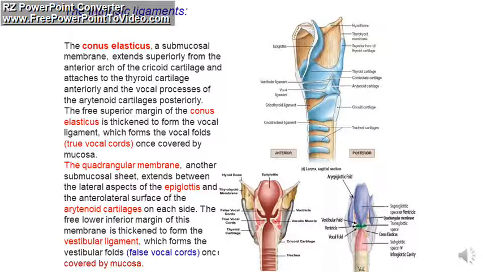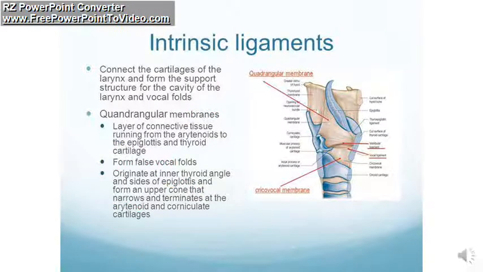This is the intrinsic ligament of the larynx and the attachment between the hyoid bone and the larynx. This is the intrinsic ligament.